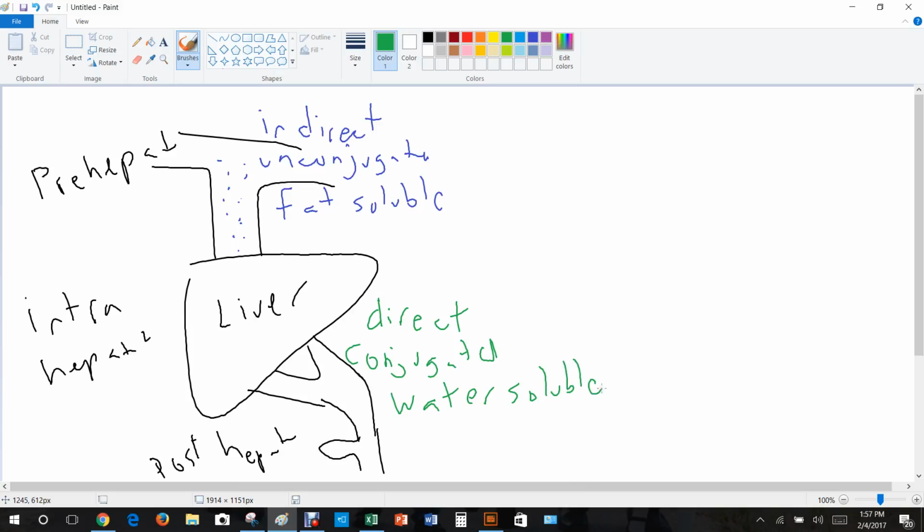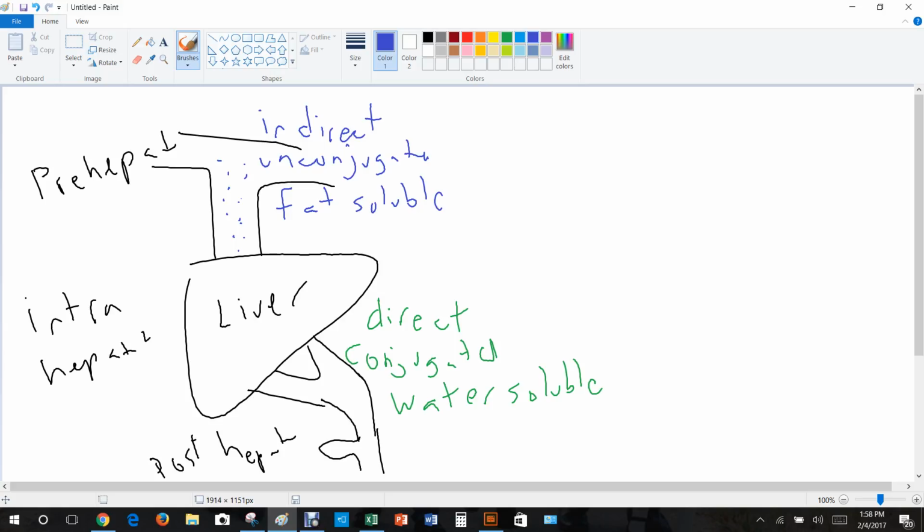So if we're dealing with a problem with your indirect, unconjugated, fat soluble bilirubin, they call this a physiologic jaundice. Let me make sure that's right, though. I gotta look on my little sheet here.